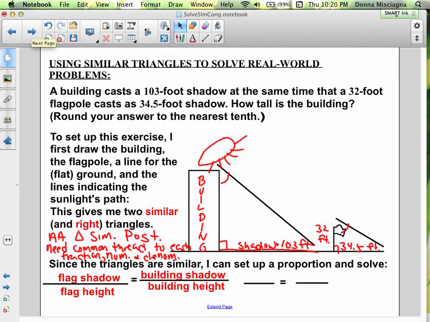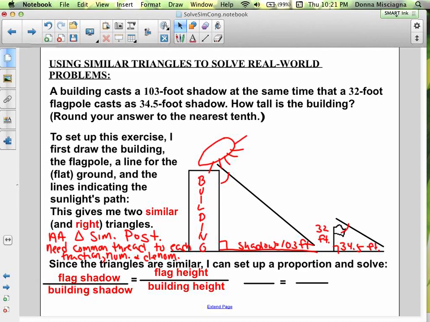Now I've got shadow in the numerator, height in the denominator, and flag in one fraction, building in the other. Or I've got flag in the numerator, building in the denominator. That works out.